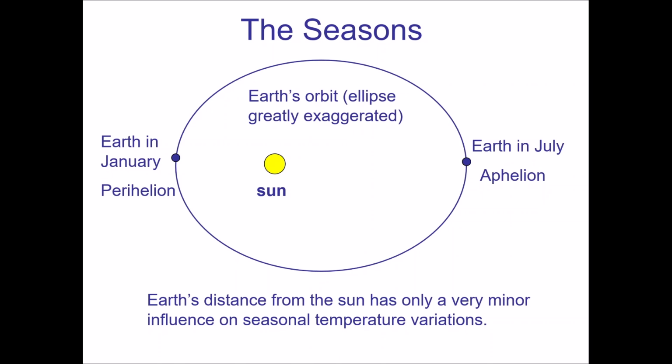In fact, there's another thing you can point out that demonstrates that this is not how seasons work, is that seasons are switched in the hemispheres. So if it's summer in the northern hemisphere, it's actually winter on the opposite side. Okay, so that wouldn't make sense if distance was the reason why these things are occurring.